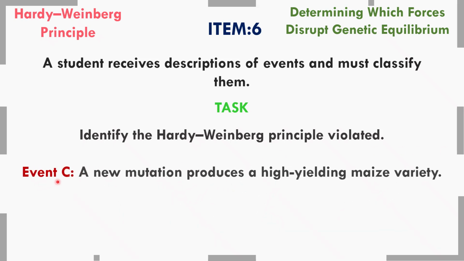Event C: a new mutation produces a high-yielding maize variety. This is mutation.